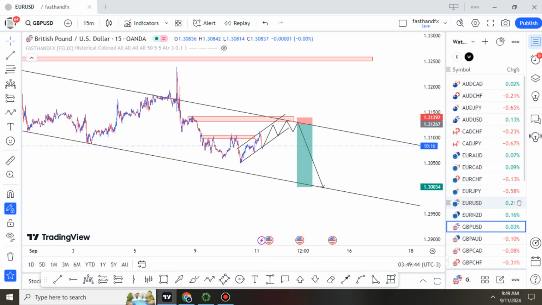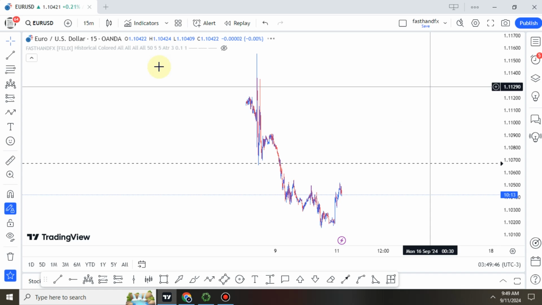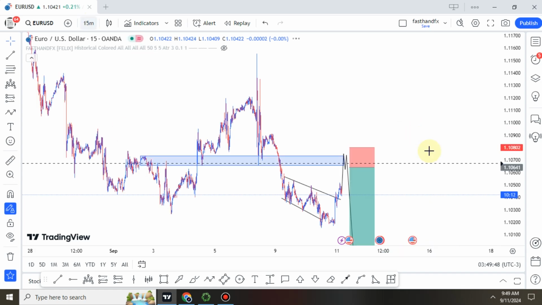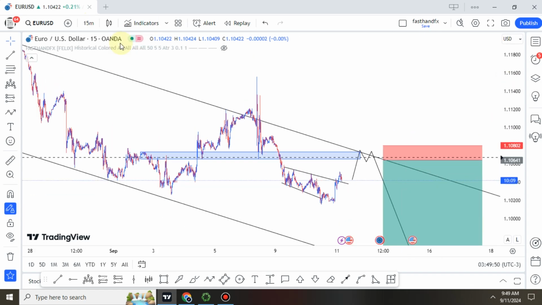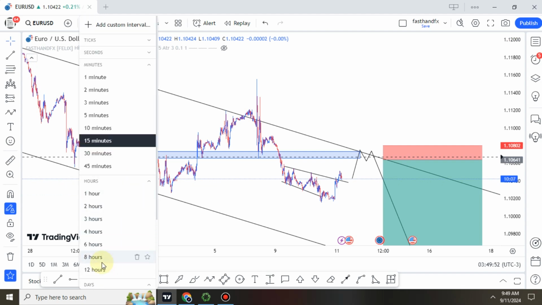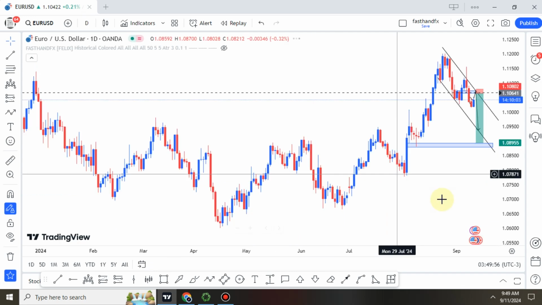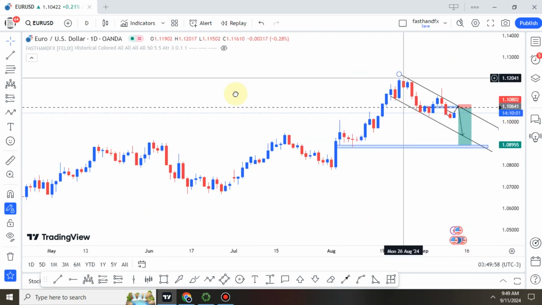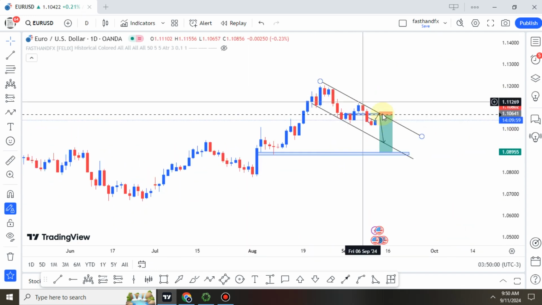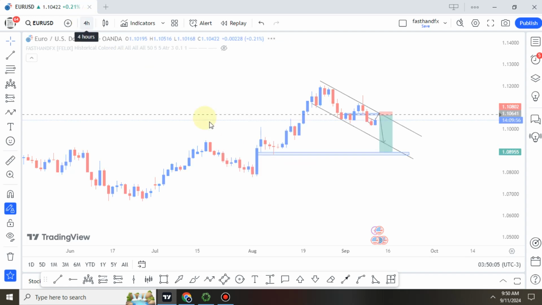Euro USD, I think I have that analysis real quick. Boom, the same thing. Let me take it to the daily. Correct. We had a first touch right here, a second touch, and we anticipate price to give us that third touch. Let me hit the H4 real quick, no wasting time.